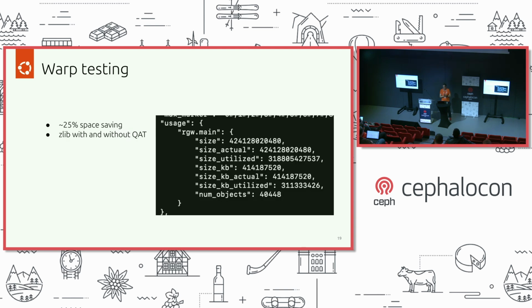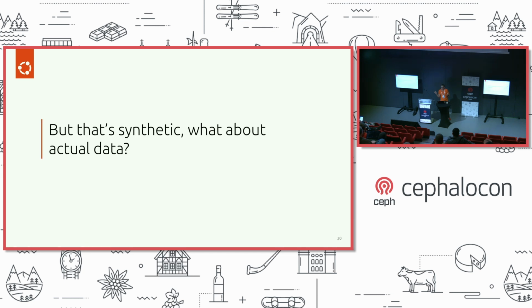With the CSV mode, you basically get a 25% saving, with no real difference in throughput. That's a positive thing, right? In this screenshot there's roughly a 400 gig data set, and it's only using about 300 gig on disk, which is a significant saving. But that's synthetic data. It's just manufactured.